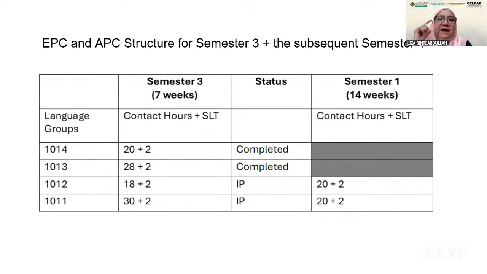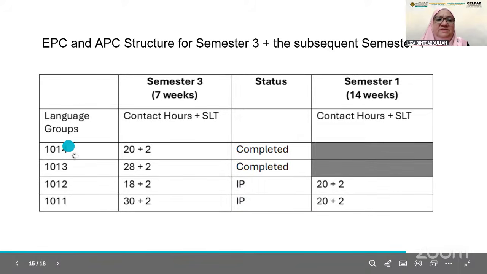But for EPC and APC, if you take during the short semester, bear in mind, our short semester consists of only 7 weeks. Normal semester 14, but short semester only 7. So it's half.